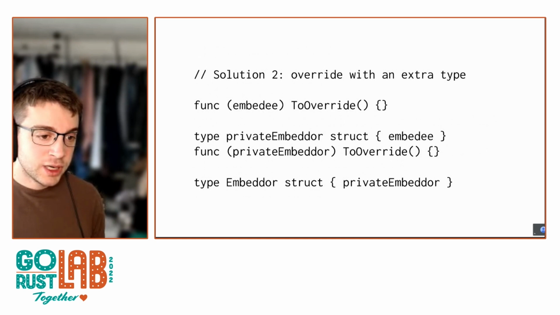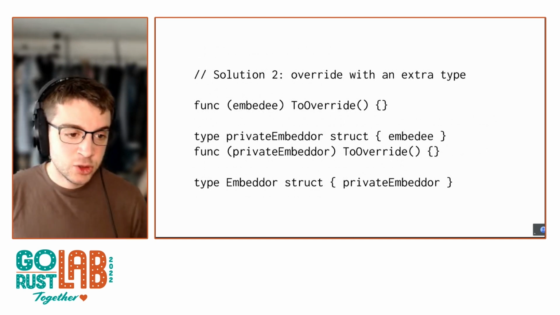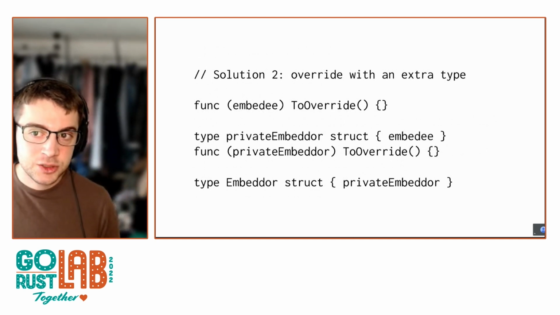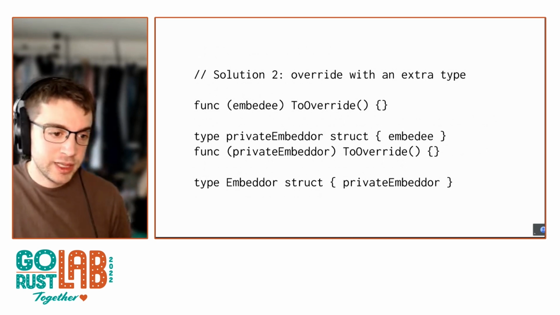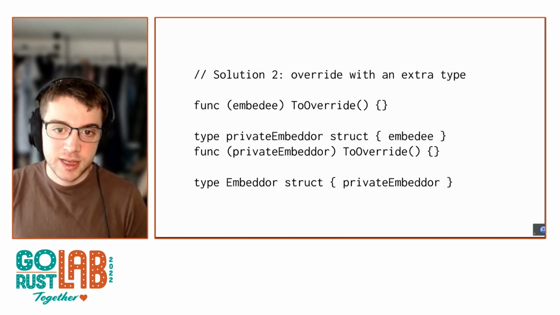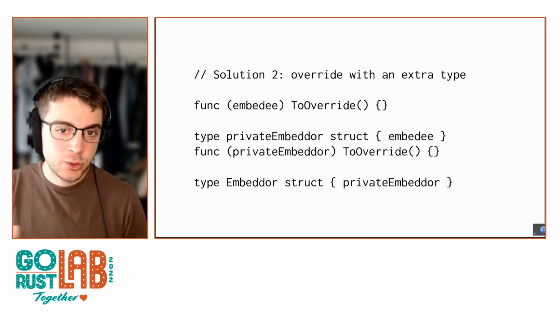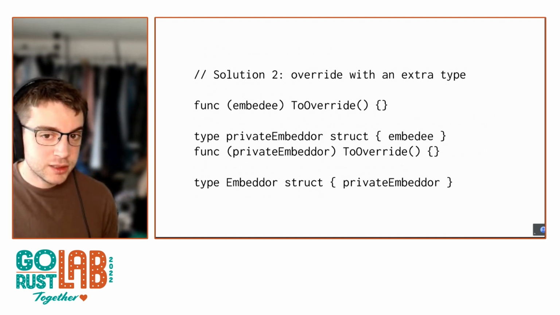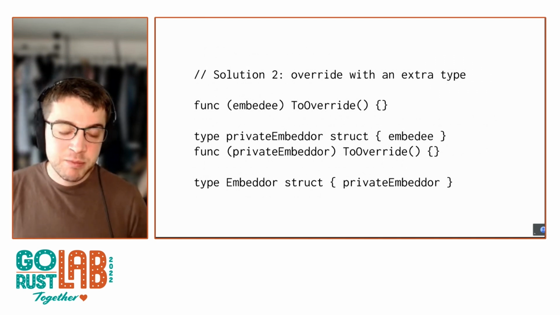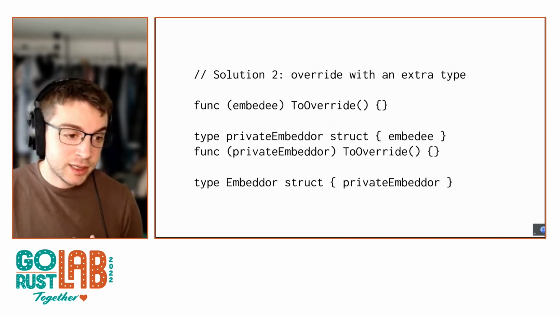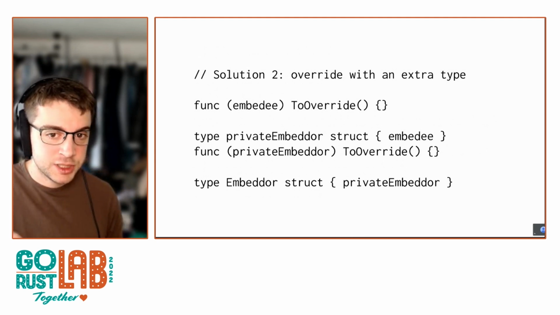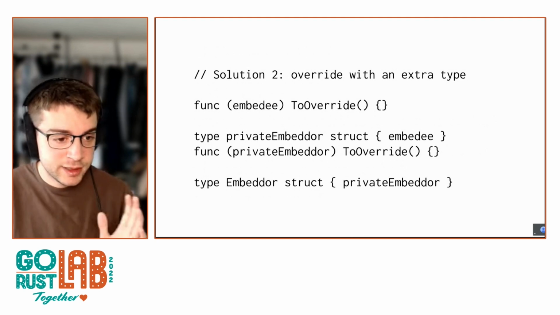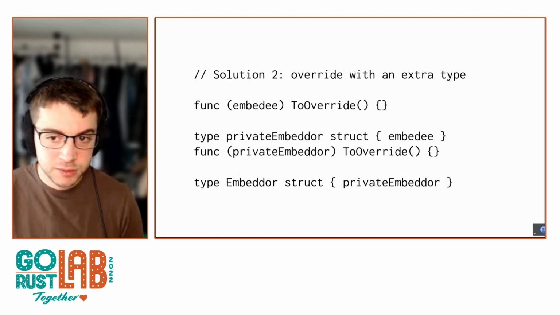Another workaround, which is maybe the proper defensive programming solution, is to prevent the foot gun by adding an extra type layer. So in this case, imagine that we have a type called embeddee that we want to override. So instead of embedding it directly to override its method, we have another type in the middle, which is called private embedder. And it's important that this type is private because only you can use it.